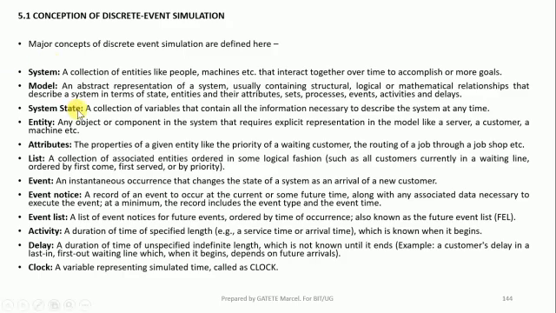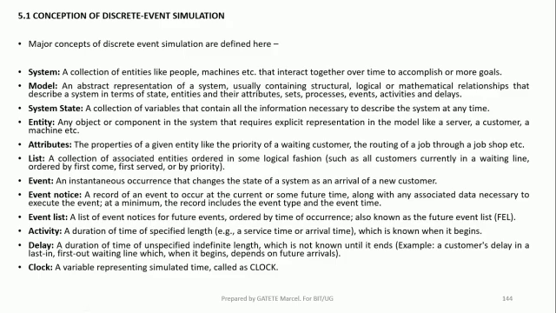This is the state of the bank. The bank is the system. The system state means the number of customers who are being served in the bank, who are there, or who are in the queue.